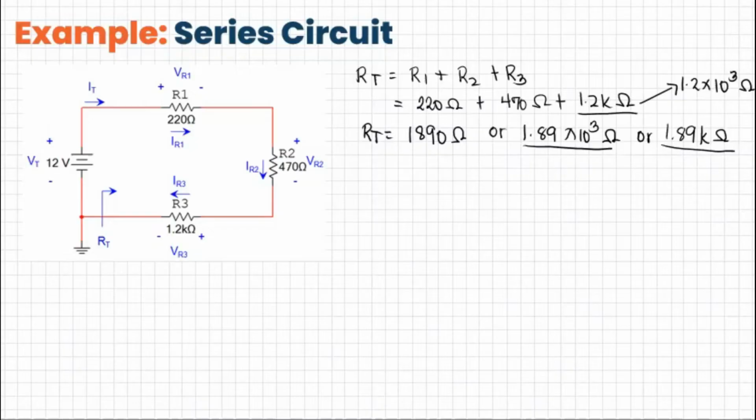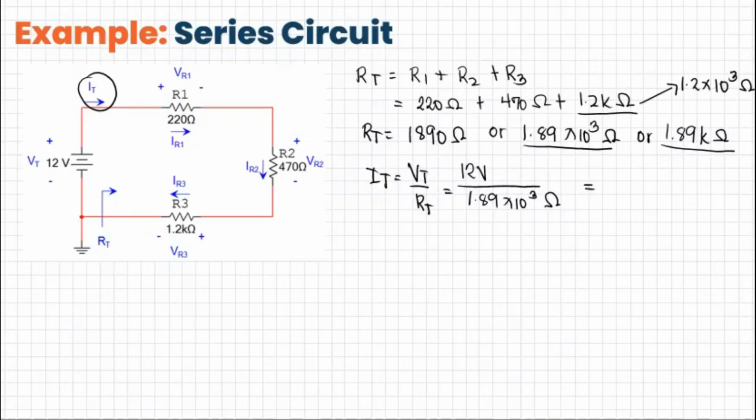And then, after we get the total resistance, let's get the total current that passes through the circuit, IT. Okay? So, IT is equal to, let's use Ohm's law, VT over RT. So, yung VT natin, equal siya sa 12 volts. Yung RT natin, itong na-compute natin, let's use 1.89 times 10 raised to positive 3 ohms.